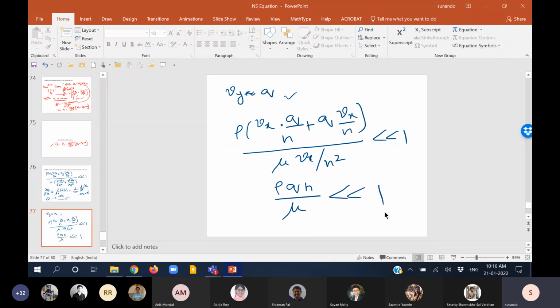So the leakage flow rate, rather the effective Reynolds number characterizing the leakage flow, has to be small.